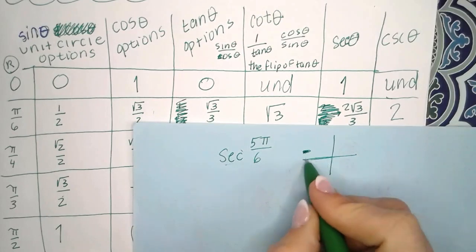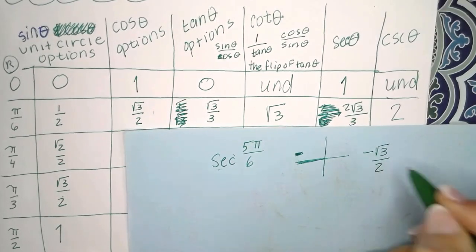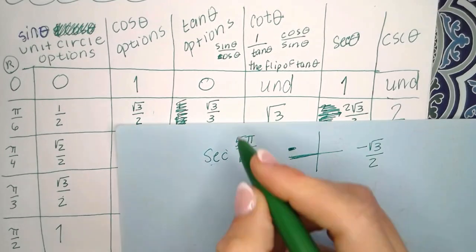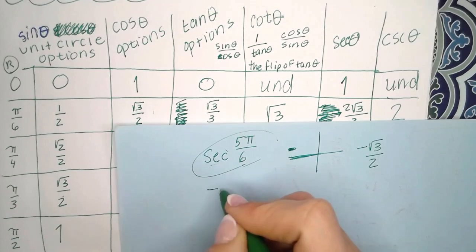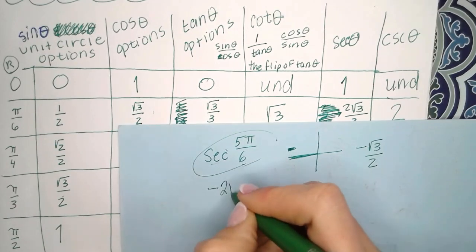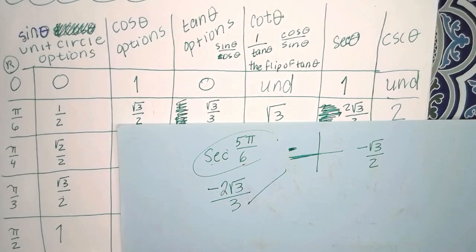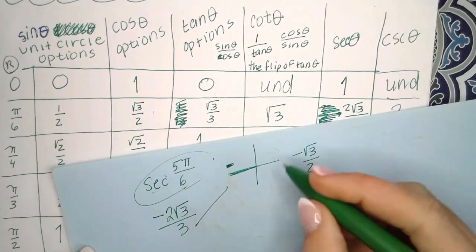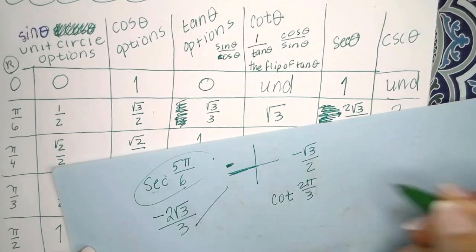No, cosine's the x value. Negative radical 3 over 2. That's cosine. Secant's the flip of cosine. So what's the answer to that question? Negative 2 radical 3 over 3. Done. That's it.